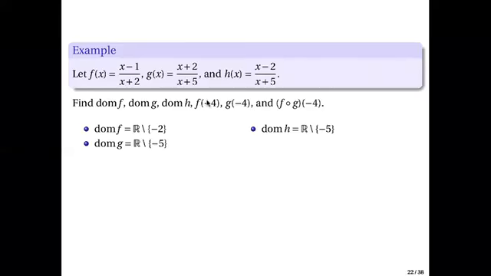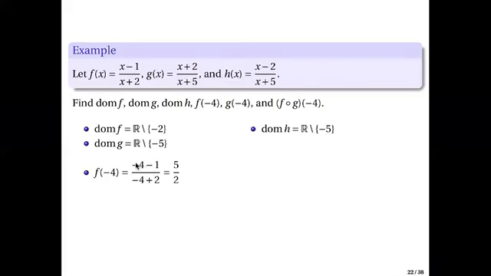Next, we try to find f of negative 4. All we need to do is replace the x's here with negative 4. You have an x here and an x here, and you replace both by negative 4. So f of negative 4 is equal to negative 4 minus 1 all over negative 4 plus 2.